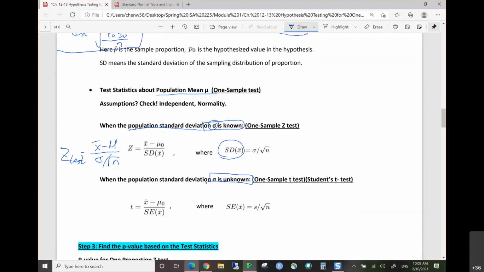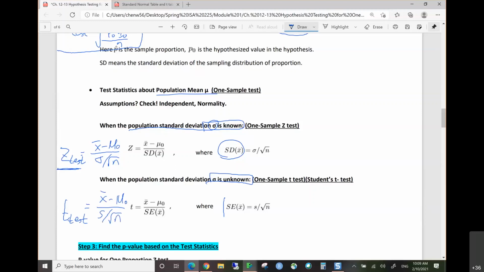But if the population standard deviation sigma is not given, is unknown, then we do not have the z-test statistic anymore. We have the t-test statistic, right? And at the same time, since we don't know the population standard deviation sigma, we use the sample standard deviation instead.